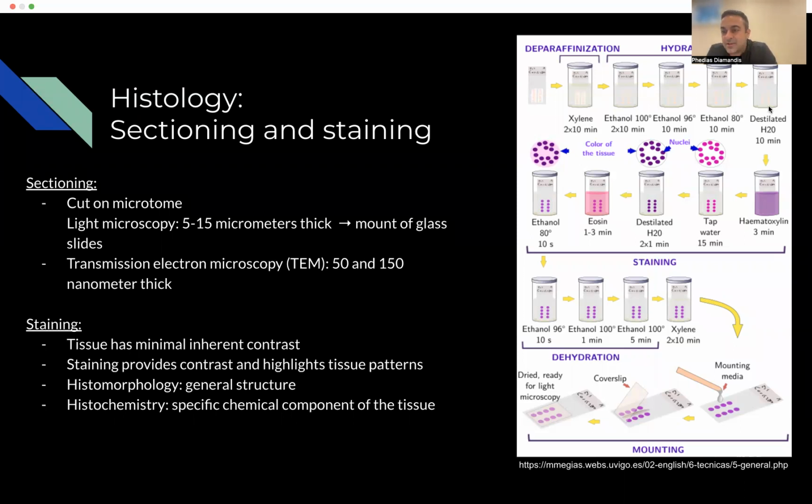Then we put it into water. So that's the final fully aqueous solution. These concentrations can vary depending on the protocol, the number and the percentage of alcohol, but the idea is the same. We need to progressively move the tissue into a more aqueous state.